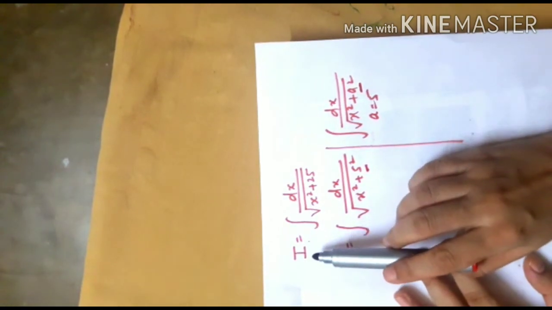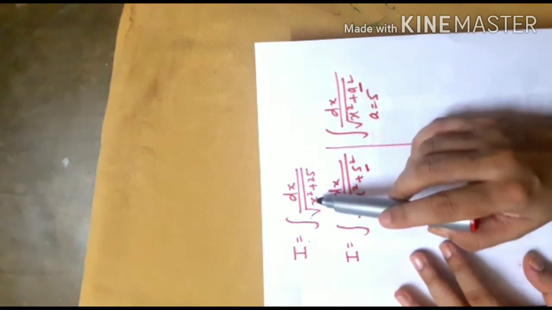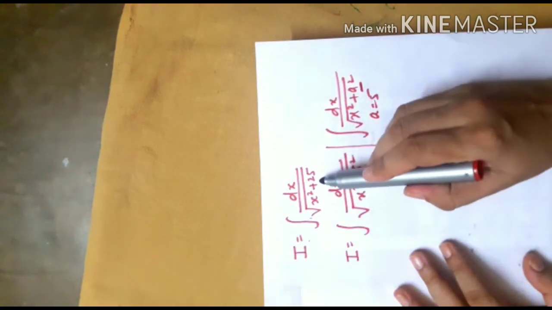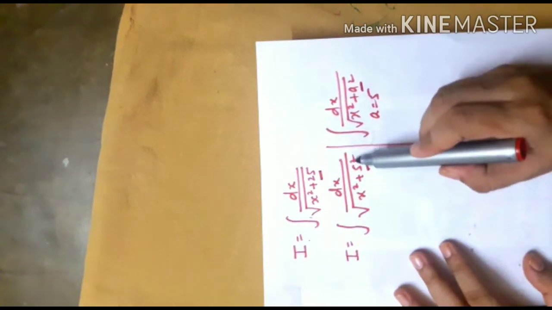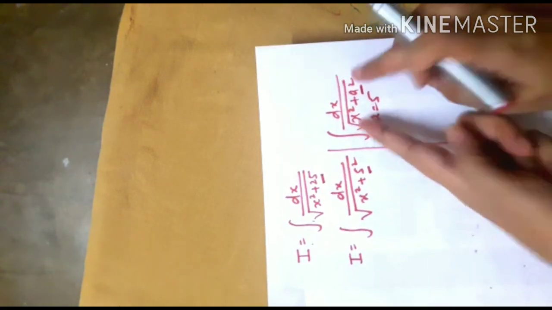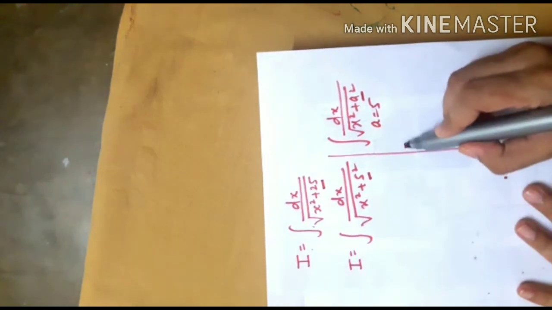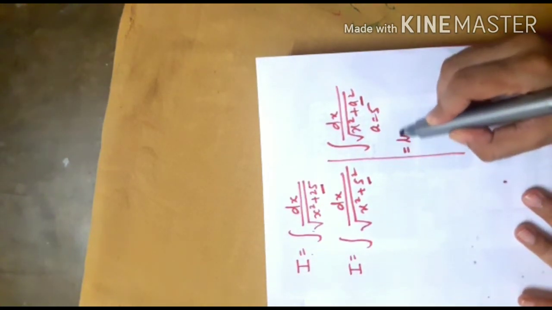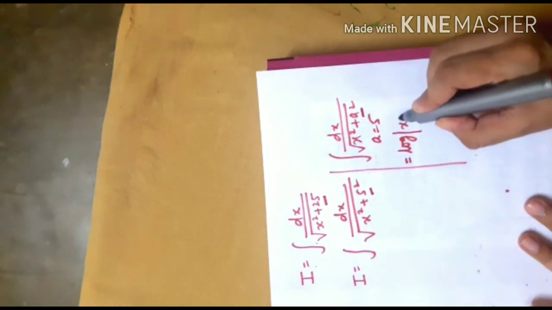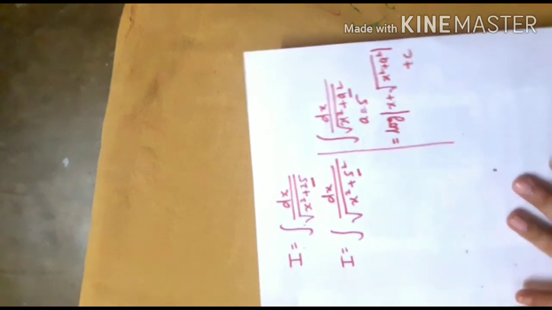Let's take the question. Evaluate I equals integral dx over square root of x square plus 25. 25 can be written as square of 5. Now this integral is of this form where role of a is being played by 5 and value of the integral is log x plus square root of x square plus a square plus c.